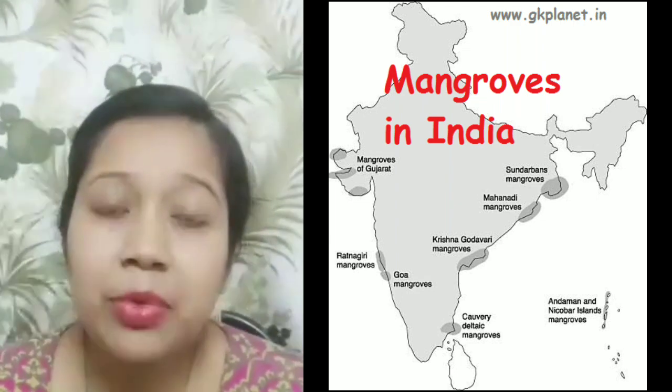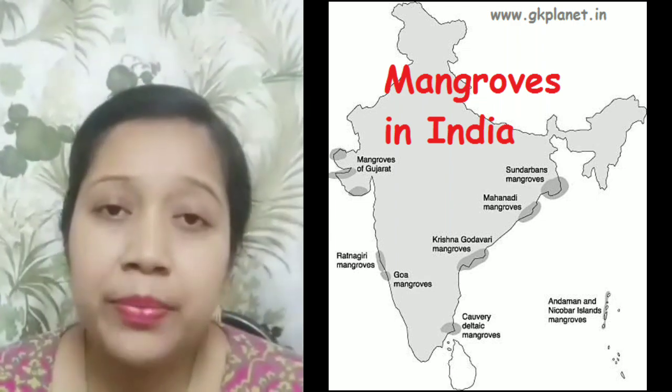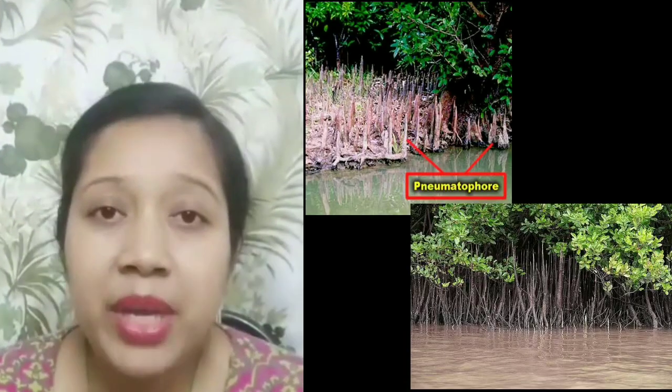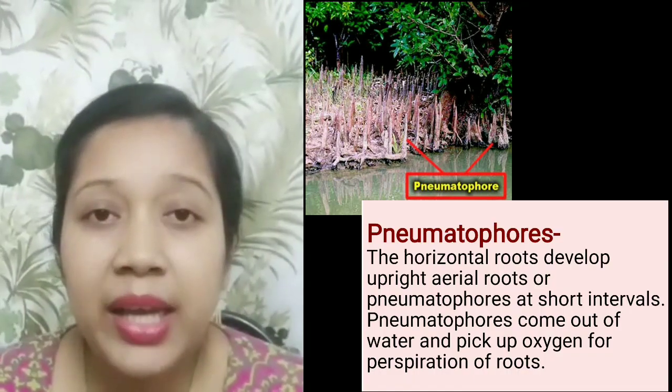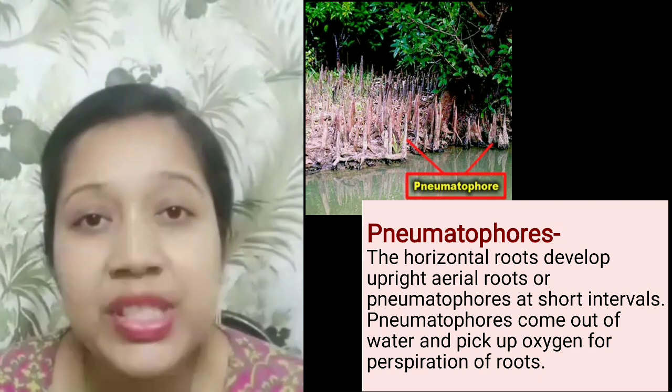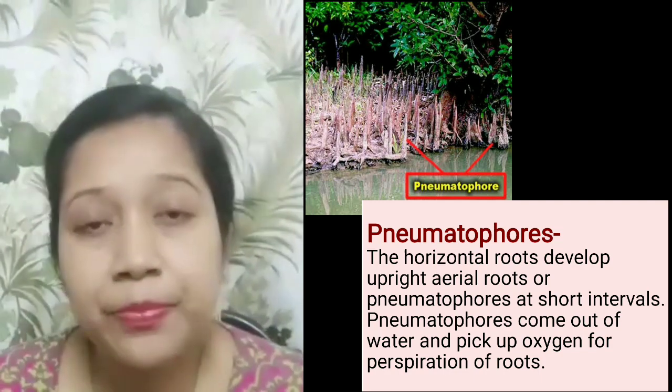So generally such conditions are adverse for them. But in case of plants called mangrove plants, such as Rhizophora and Heritiera, these plants undergo modification because they can compensate by increasing their respiratory function.